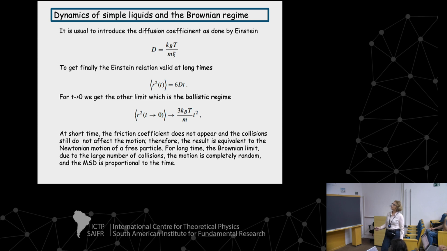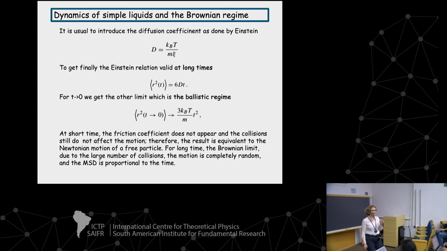So 3 kB T over m times t squared is the behavior of the mean square displacement. The ballistic regime has a t squared behavior in mean square displacement, while the diffusive regime has a t behavior.